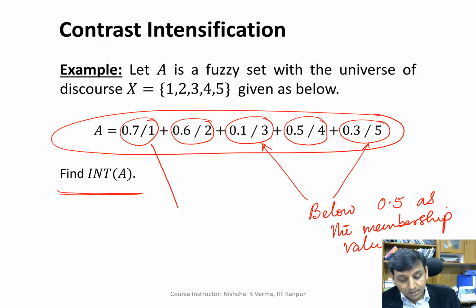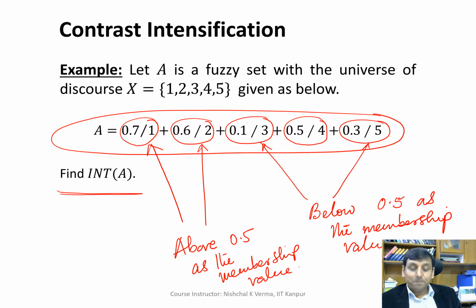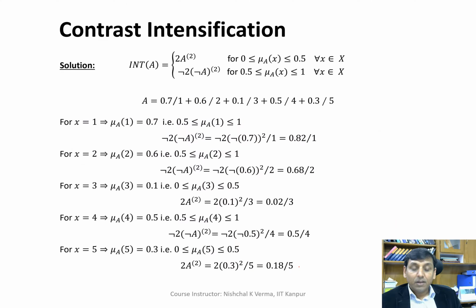And here these are above 0.5 as the membership value. So this way we see that we can clearly apply the expressions which are valid for computing these membership values for intensification of A. So let us quickly go ahead and see how we proceed.